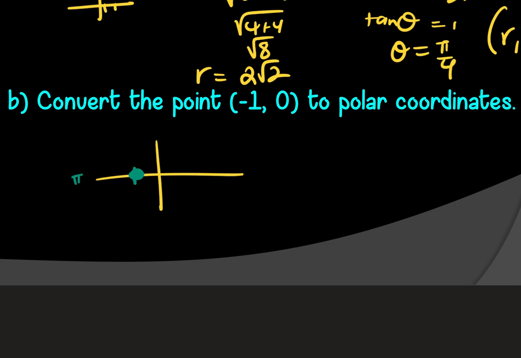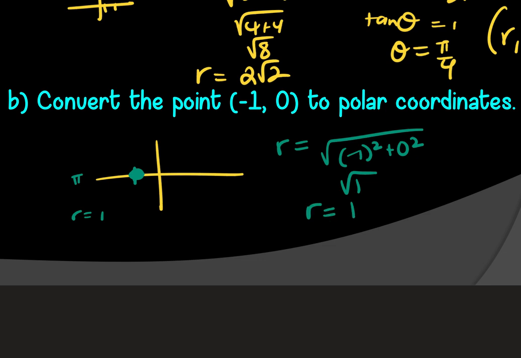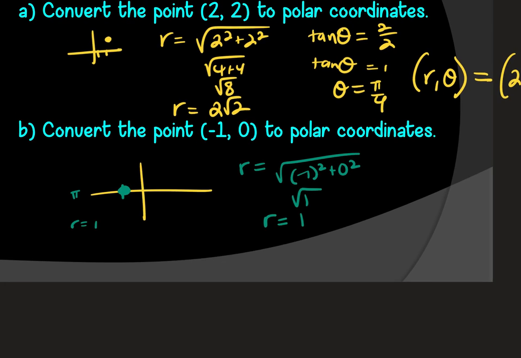And what would be the radius if I only went out 1 unit? 1. If you don't see it, r equals the square root of negative 1 squared plus 0 squared, square root of 1, which is 1. There's my r. And tan theta equals 0 over negative 1. Tan theta equals 0.